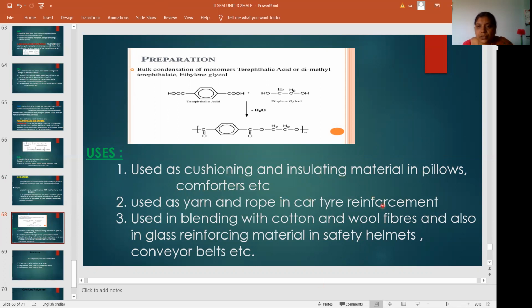Reinforcements mean to strengthen, to make it strong. It is used in blending with cotton and wool fibers and also as glass reinforcing material in safety helmets and conveyor belts. So for strengthening, in safety helmets and conveyor belts also it is used, and it is mixed with cotton and wool fibers. So these are the uses of this terylene.